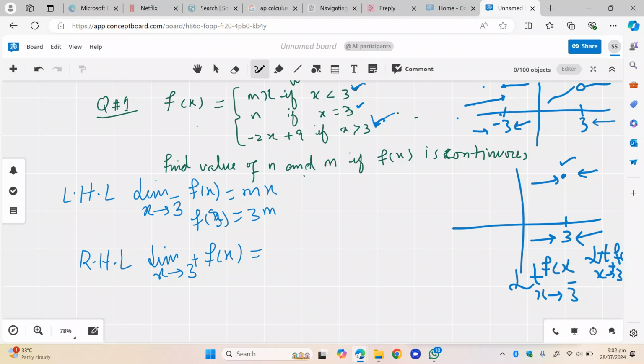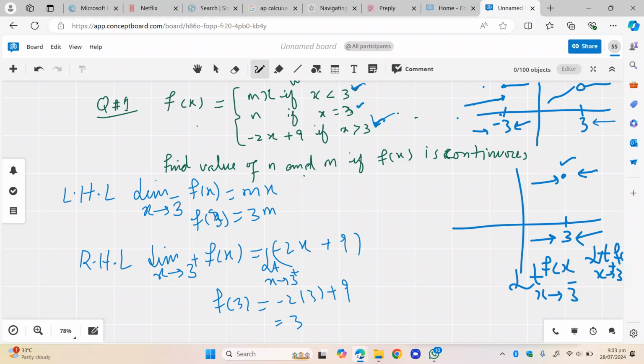So it will be minus 2x plus 9, and technically we will have to write the limit as well, x tends to 3 positive. Now we can replace the value: minus 2 times 3 plus 9, so it will be minus 6 plus 9, which is 3. So the left hand limit and right hand limit, we got these two values.